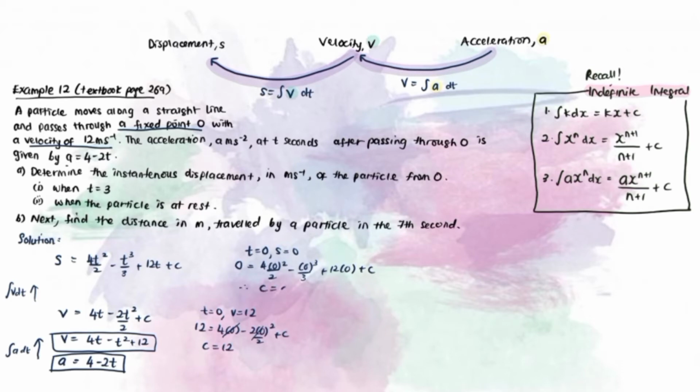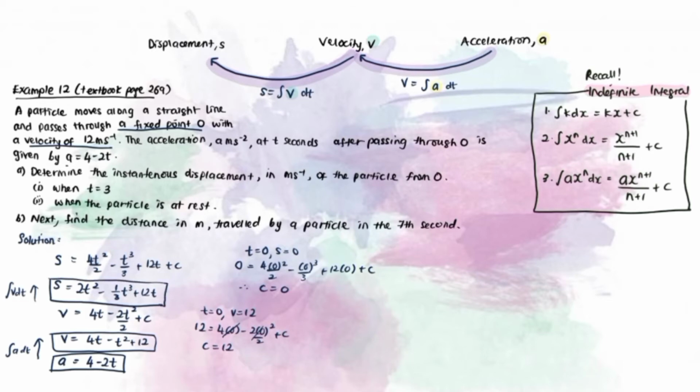The value of c is equal to 0. Hence the displacement function is 2t squared minus 1 over 3 t cubed plus 12t. So this is the displacement function.